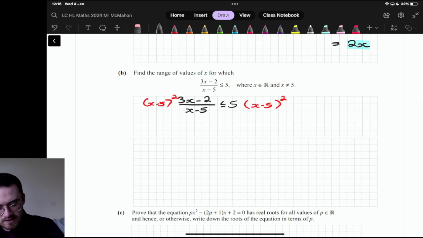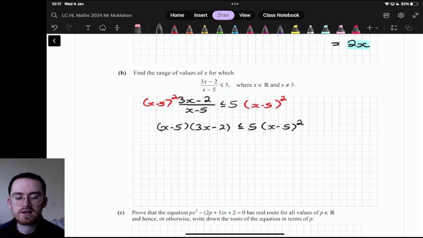So on the left hand side I'm now left with x minus 5 by 3x minus 2, and on the right hand side it's 5 by x minus 5 squared. The reason we're only left with one x minus 5 on the left hand side rather than the squared is because we have the one on the top that we multiplied by, and the one on the bottom that was there already that we were trying to eliminate.